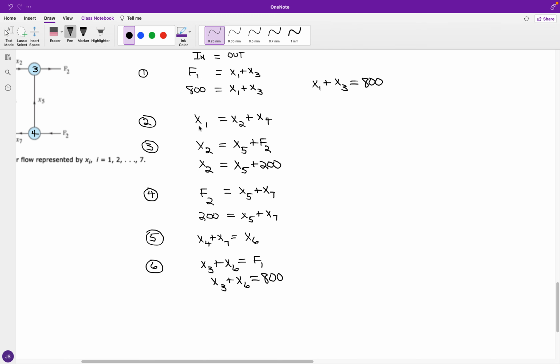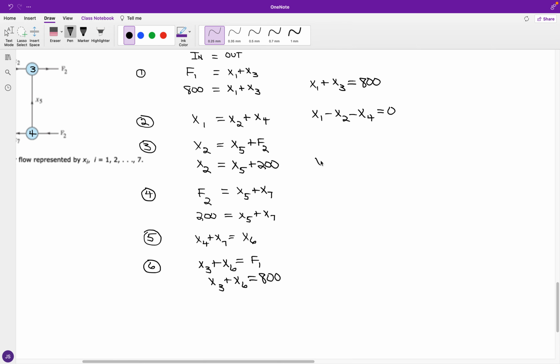Next, we can say we have x of 1 minus x of 2 minus x of 4 is equal to 0. And from the third, we have x of 2 minus x of 5 is equal to 200.